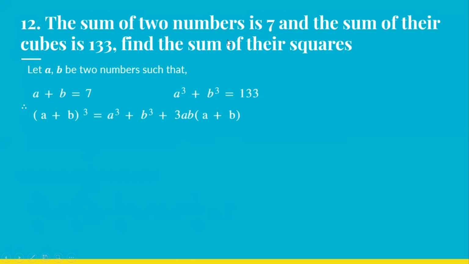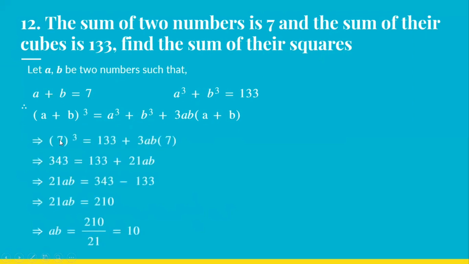Now, to find the sum of their squares, let us first do a plus b the whole cube. So we get a cube plus b cube plus 3ab in bracket a plus b. Then let us substitute the values. A plus b is 7 and a cube plus b cube is 133. We put the values: 7 cube is equal to 133 plus 3ab in bracket 7.